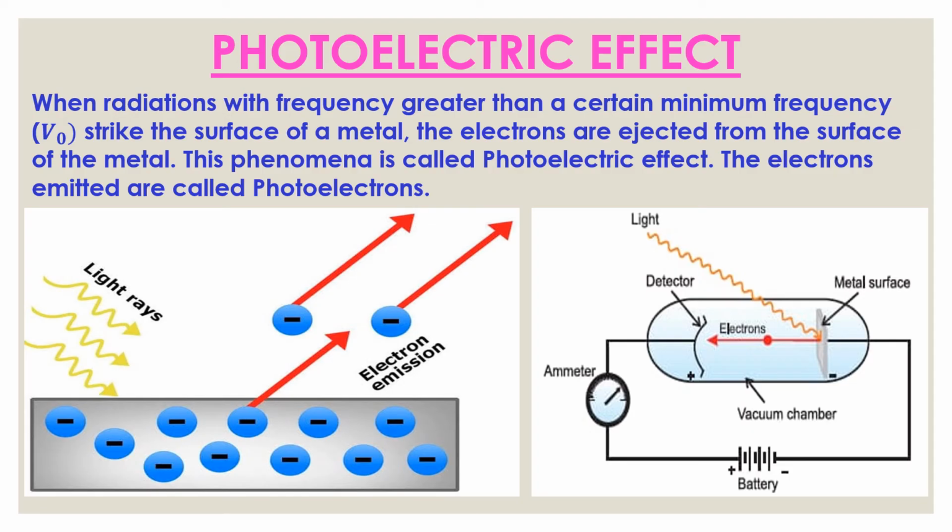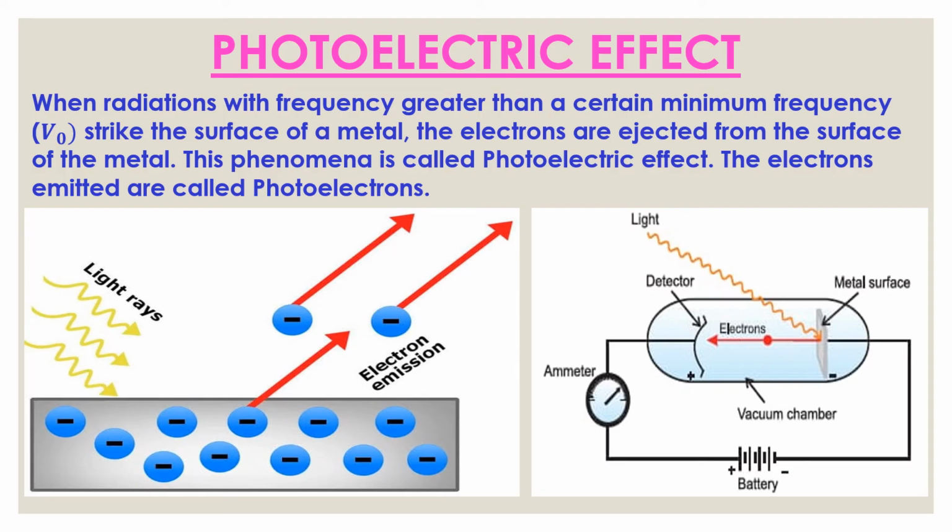The next limitation is photoelectric effect. So what is photoelectric effect? When radiations with frequency greater than a certain minimum frequency, that is nu naught, strike the surface of a metal, the electrons are ejected from the surface of the metal.